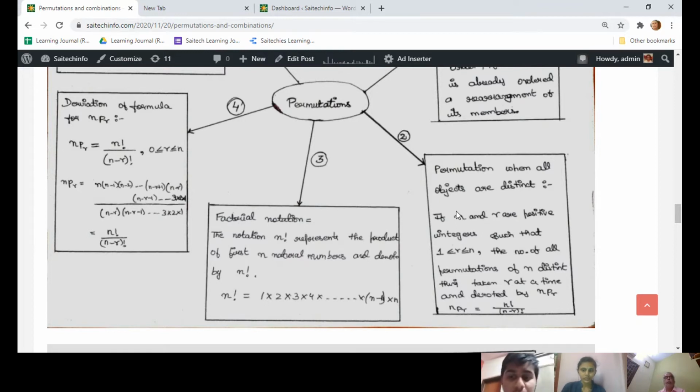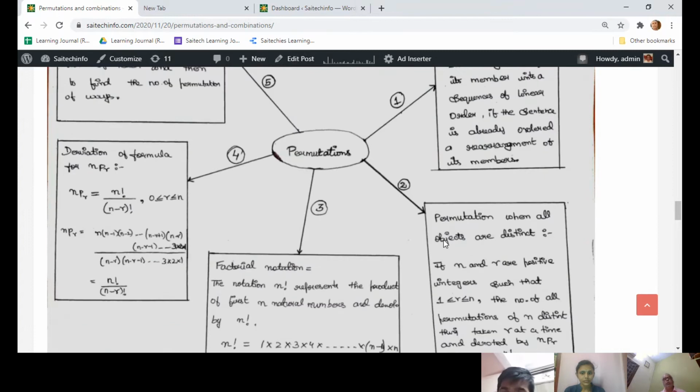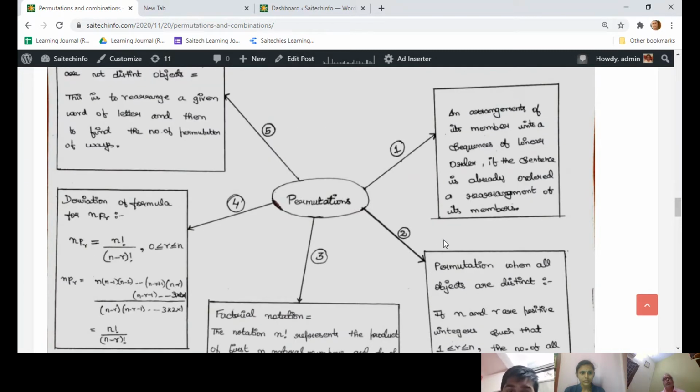Fourth, derivation of the formula for nPr. We saw in the second point that nPr equals n factorial by n minus r factorial, where 0 is less than or equal to r, less than or equal to n. To prove this, we can separate it using the third point, where we saw how to expand the n factorial.